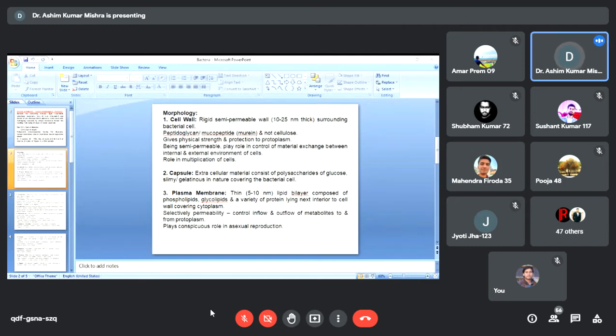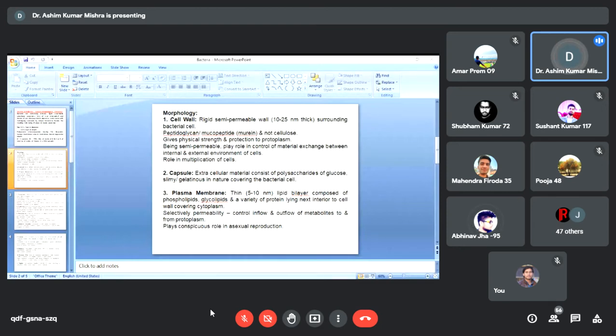Primary metabolites are those which are directly involved in growth and normal physiological processes. Good. And it is utilized by the organism itself.